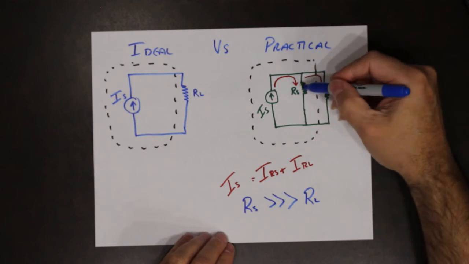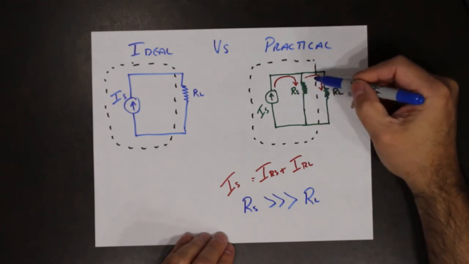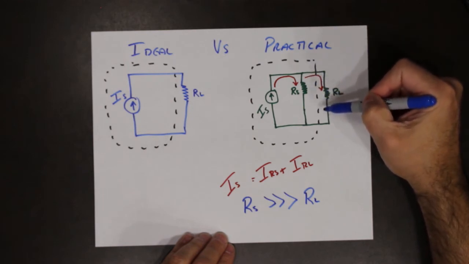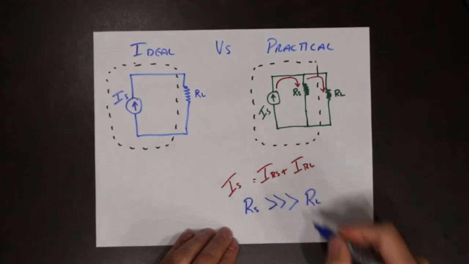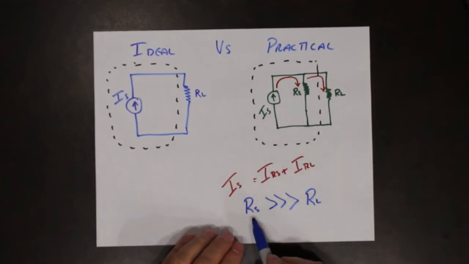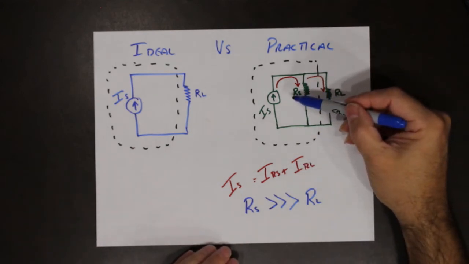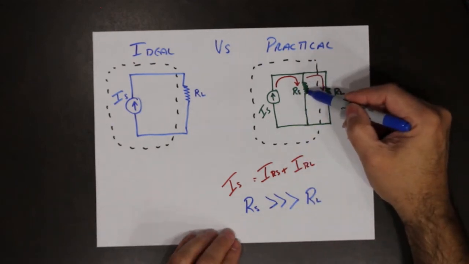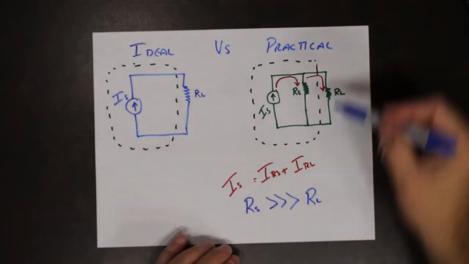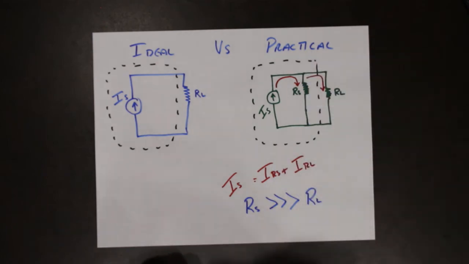Therefore, the current is limited through this branch and flows more through this branch. So we want to make sure that RS is very large in a current source, so that the majority of the current is directed to the load and not down this branch.